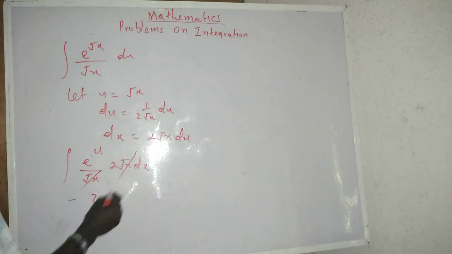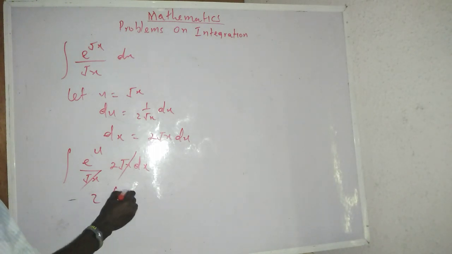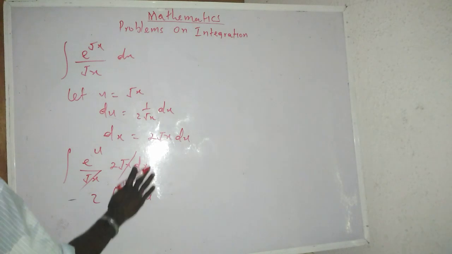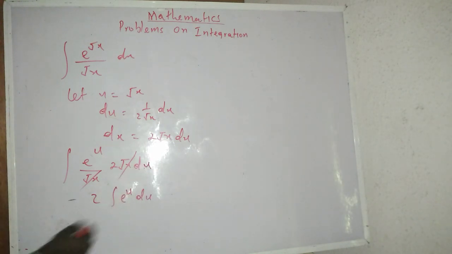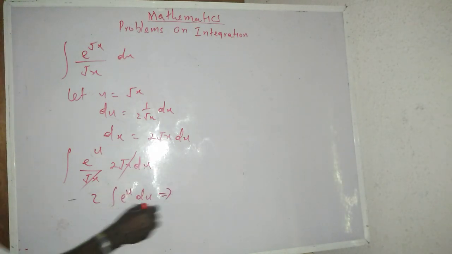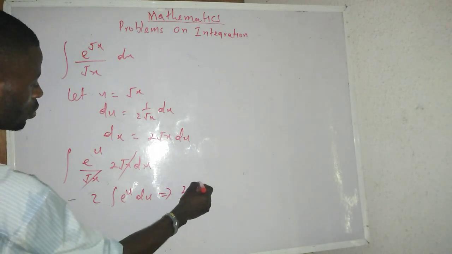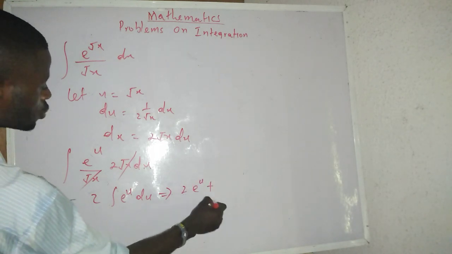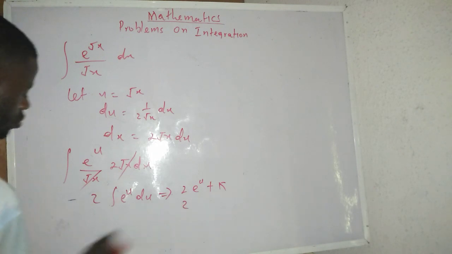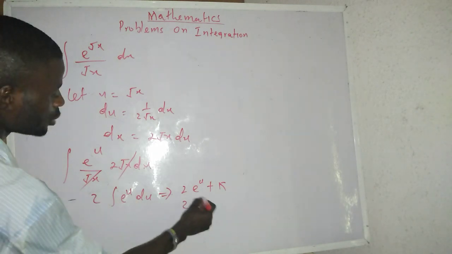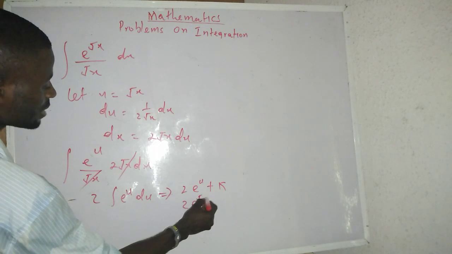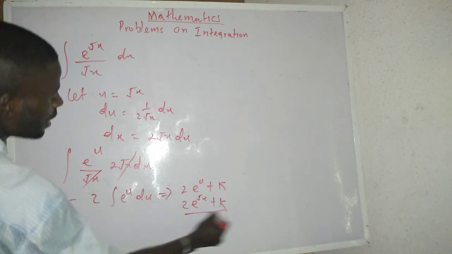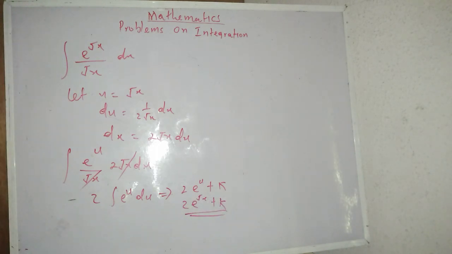Now, I will have the integral of 2 e raised to power u du, which is also equal to 2 e raised to power u plus k, which is 2 e raised to power root of x plus k. That is my final answer.